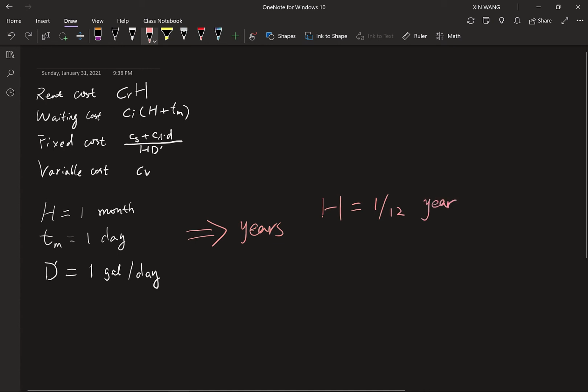That means like 1 year you have 12 shipments. And then for the transportation time, 1 year we have 365 days, so the transportation time will be 1/365 year. And then we also convert the demand rate to per year, so that means we'll have 365 gallons per year. Okay, after this conversion, all the units related to time are based on years.